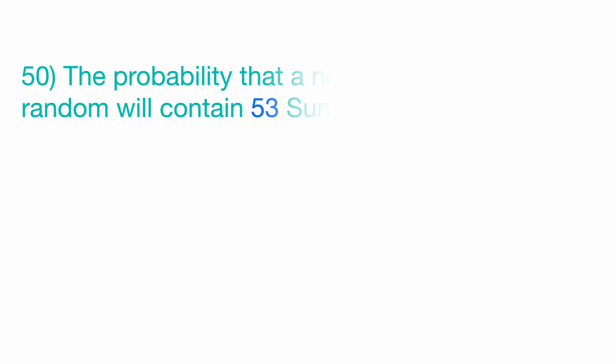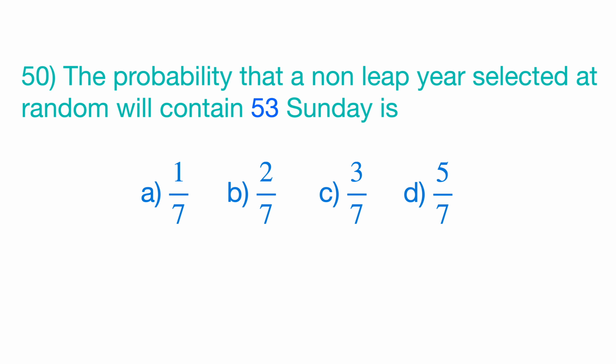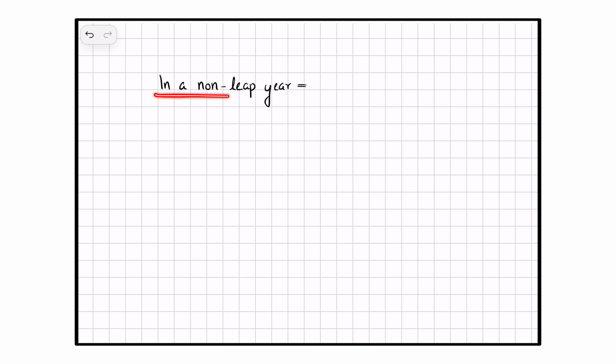The probability that a non-leap year selected at random will contain 53 Sundays. That is, if we select a non-leap year at random, what is the probability that it will have 53 Sundays in it? In a non-leap year, we will have 365 days.